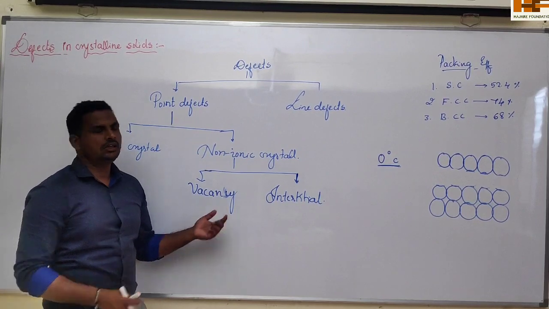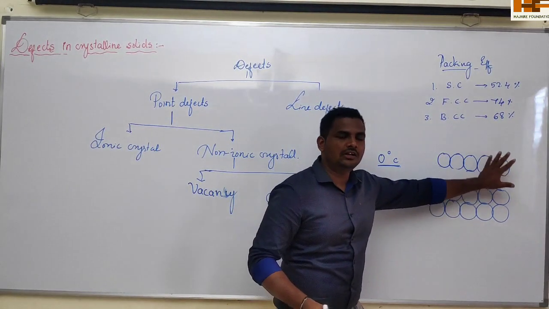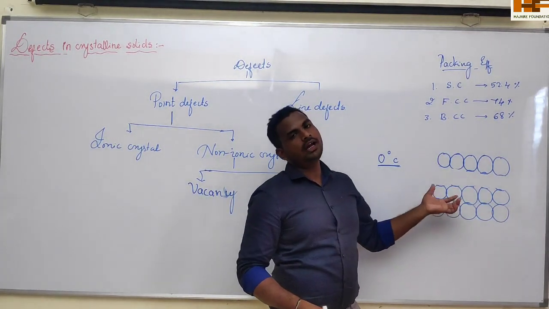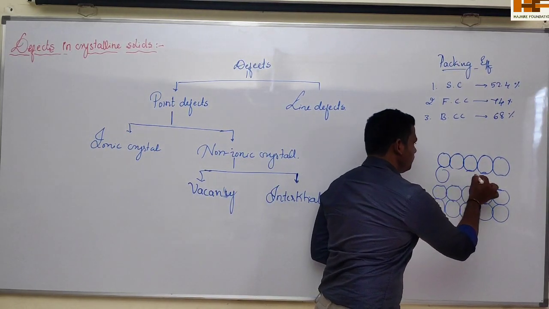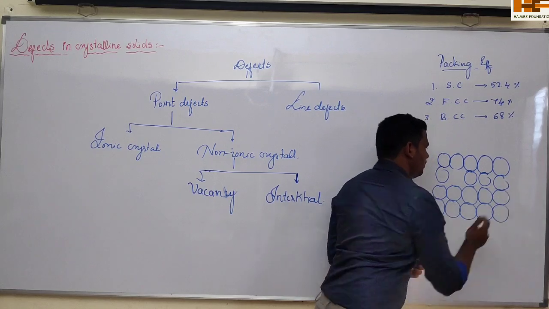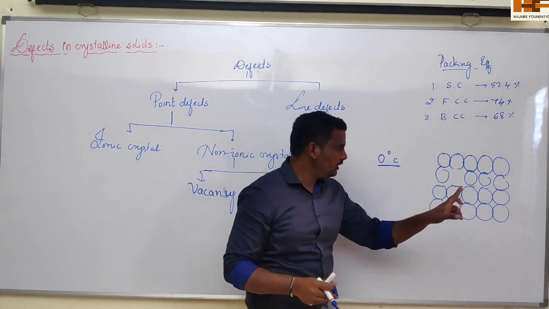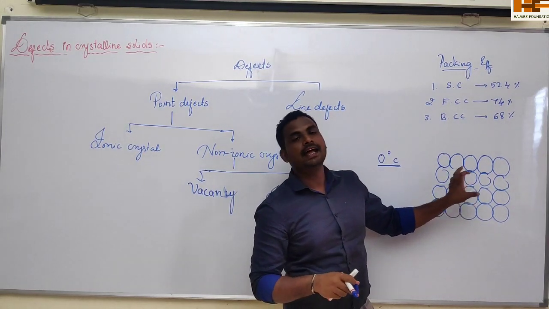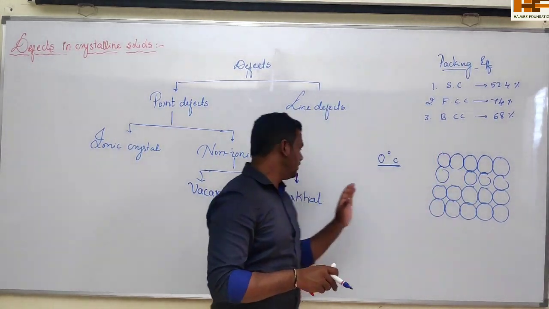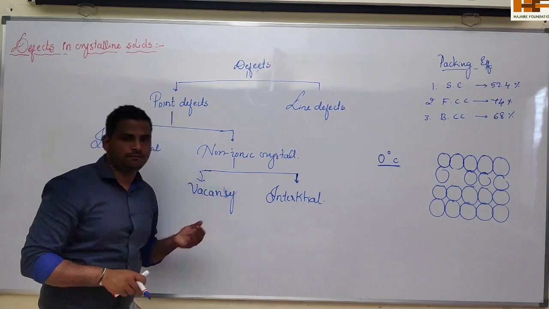Vacancy defect means, if you consider this as a non-ionic crystal, because of the missing of an ion there is a vacancy; that type of defect we call a vacancy defect.